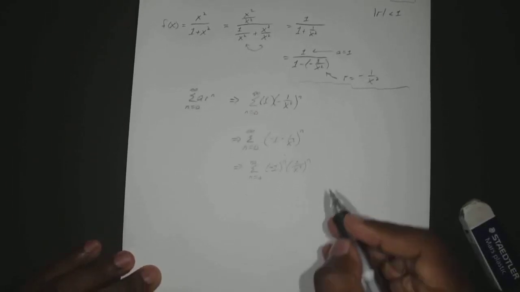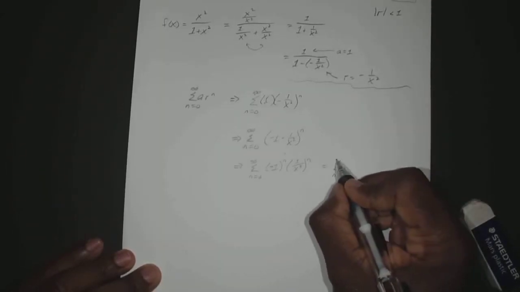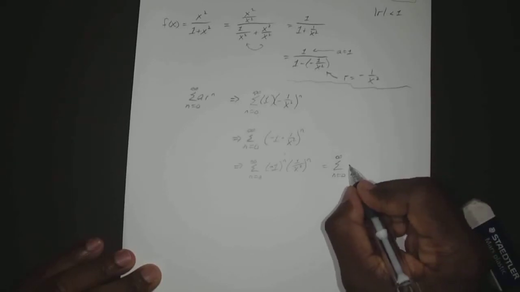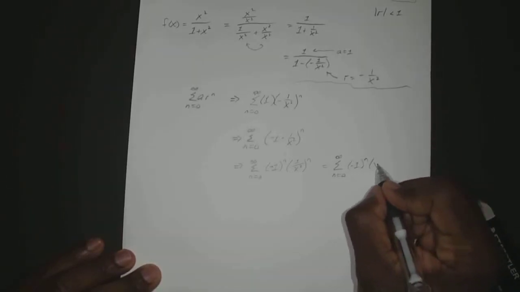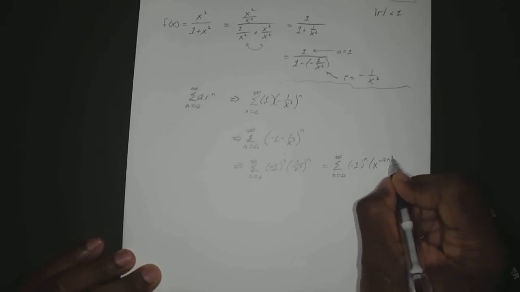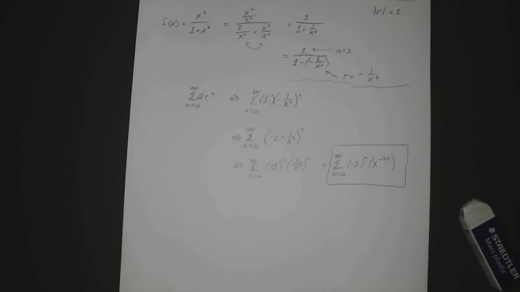Or if you wanted to rewrite it, you can make the sum from n equals 0 to infinity of negative 1 to the nth power times x to the negative 2n, which would be your power series.